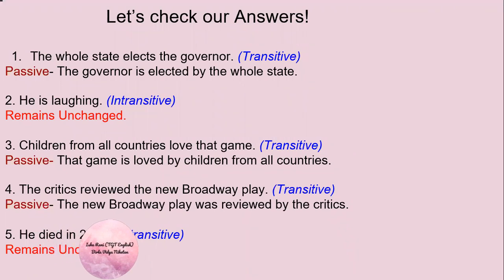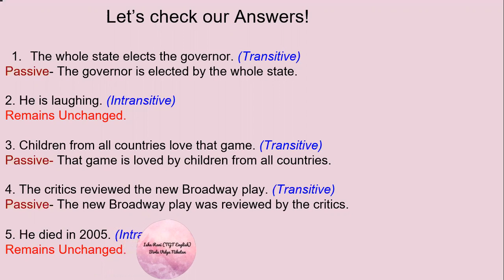The first, third, and fourth are sentences with transitive verbs and have been changed to passive voice, as you can see for yourself, while the second and the fifth have intransitive verbs and thus they remain unchanged. Please check your answers from here.